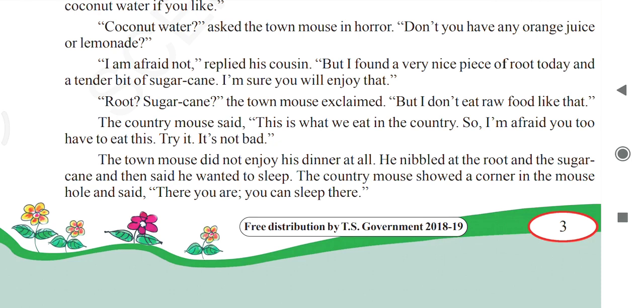The town mouse also did not like the roots and all, so he just nibbled, just like pinching a little bit with his foretooth, and he went to sleep. And when he went to sleep, what did the country mouse show? The country mouse showed a hole in the corner and said, "There you are, you can sleep there." Now we can understand the town mouse will be in a lot of horrible situations.